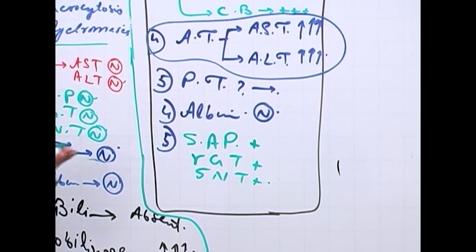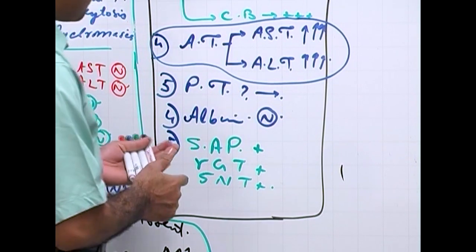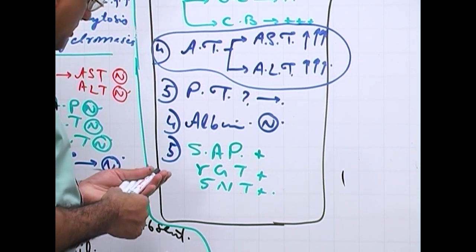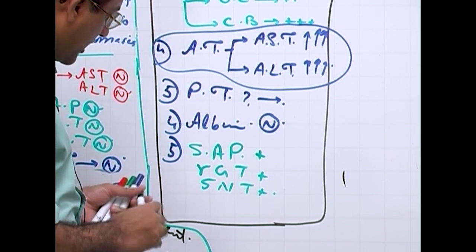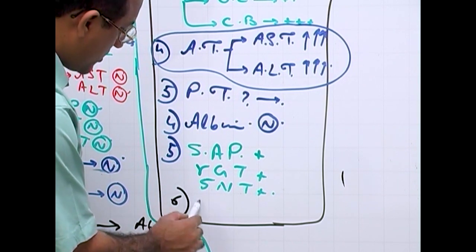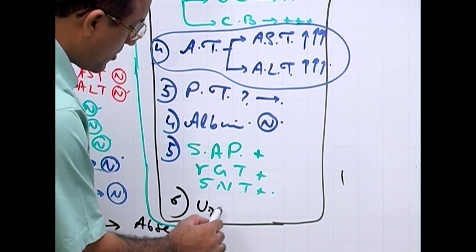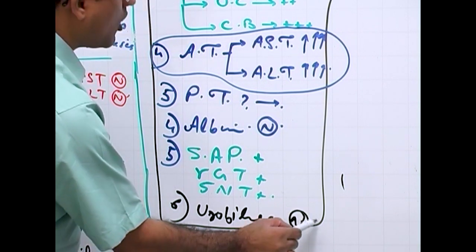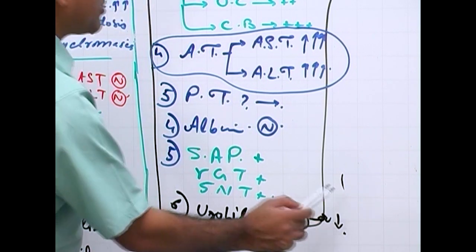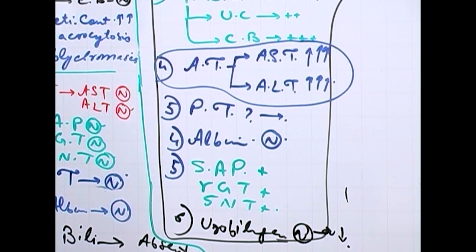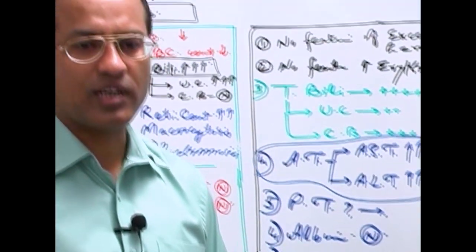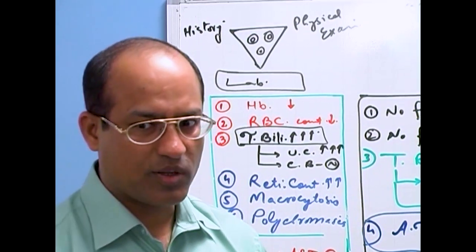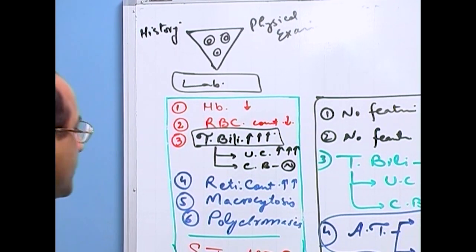Then in these patients, what really happens? Urobilinogen may be normal or decreased or slightly decreased, but it is usually present if there is not full scale cholestasis, right?